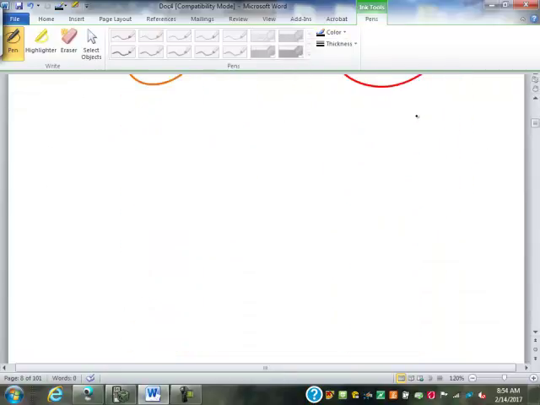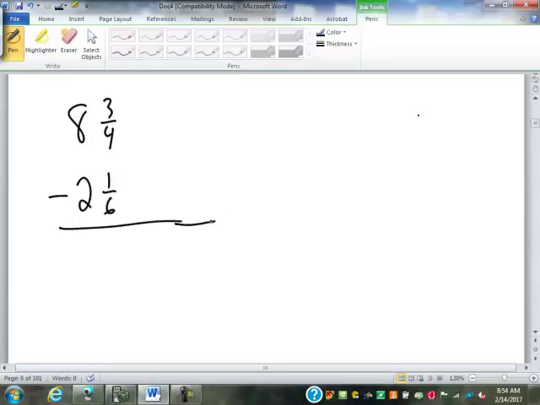For subtraction, we're going to jump right into mixed numbers. It works the same as addition. We have to have common denominators. So 8 and 3/4 minus 2 and 1/6. What's my common denominator going to be? You are correct.